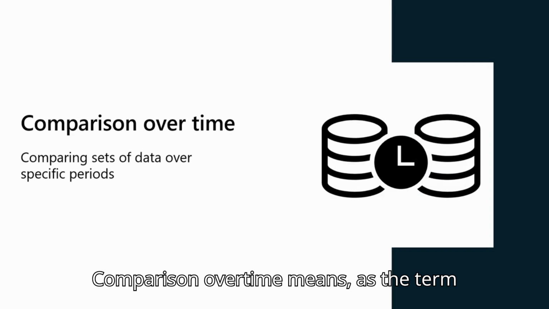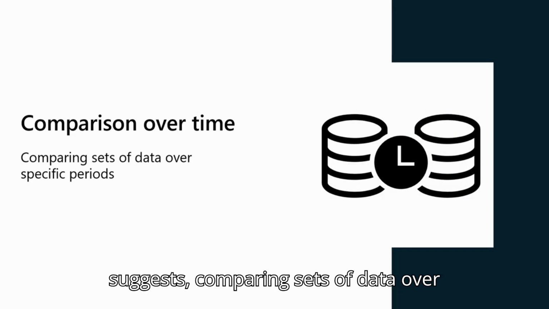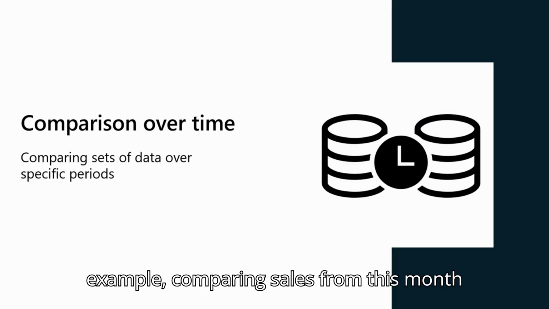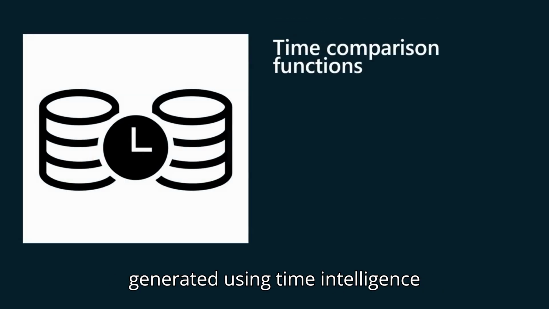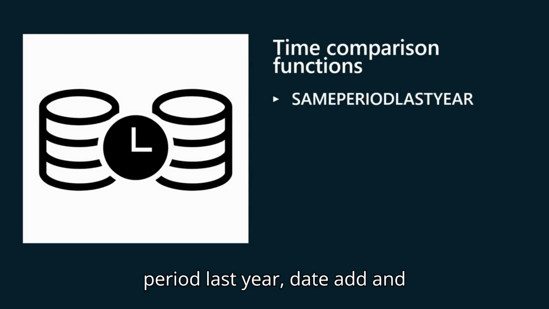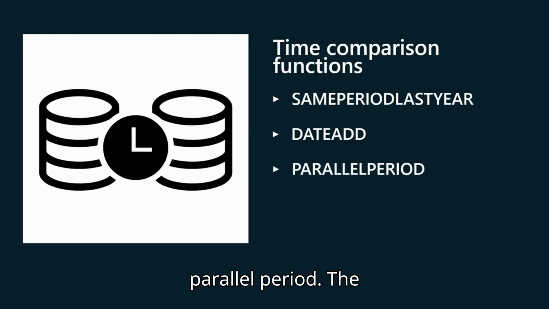Comparison over time means, as the term suggests, comparing sets of data over specific periods. For example, comparing sales from this month to last month. These comparisons are generated using time intelligence functions in DAX like SAMEPERIODLASTYEAR, DATEADD, and PARALLELPERIOD.